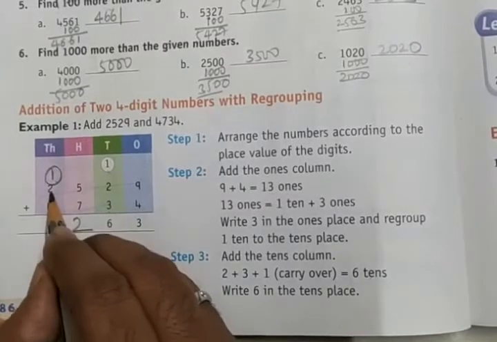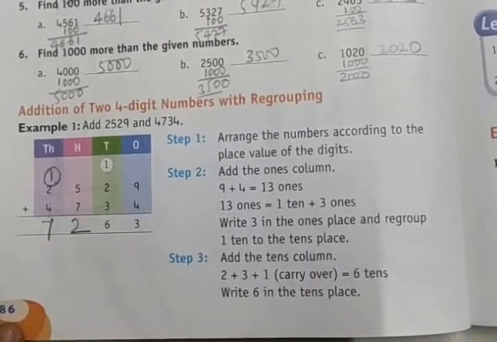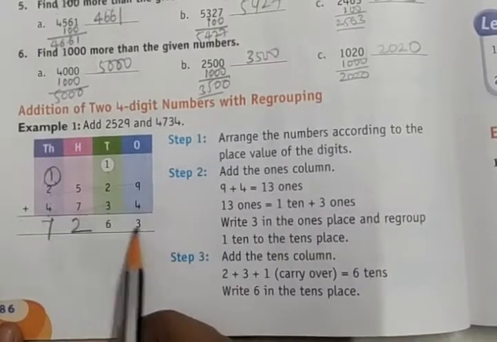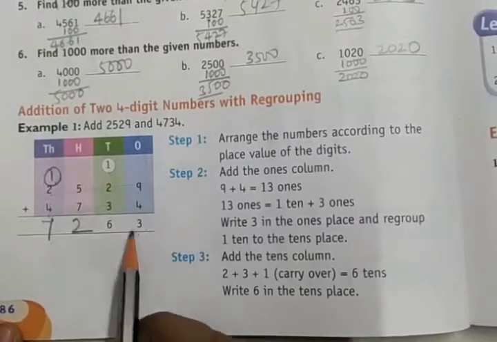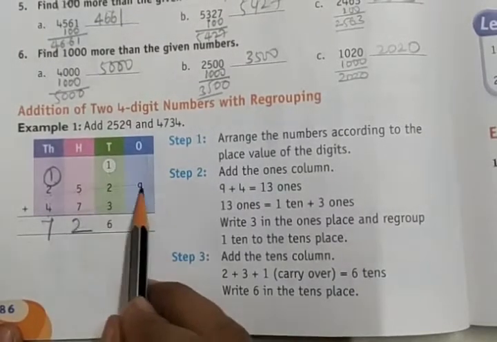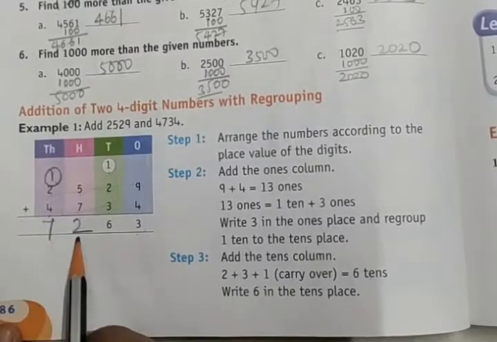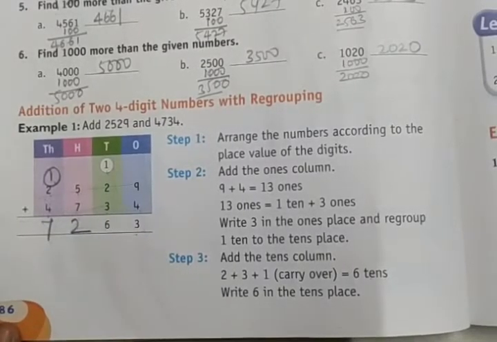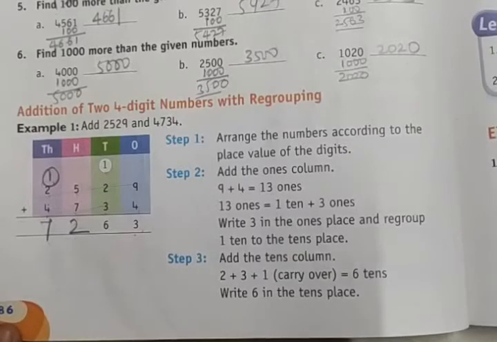Then 1 plus 2 is 3, 3 plus 4 is 7. The answer is 7,263. This is 2,529 plus 4,734 is equal to 7,263. Don't be embarrassed. Any number you have been given, the steps are the same. You have to set your mind cool and start solving these sums, right?